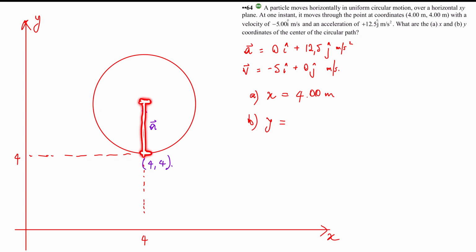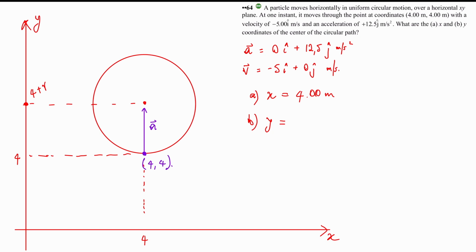This distance is a radius of our circle. So if we could find how long the radius is and add that to 4, we would get the coordinate of our center. So my point is that the y coordinate here is actually going to be 4 plus the length of the radius.